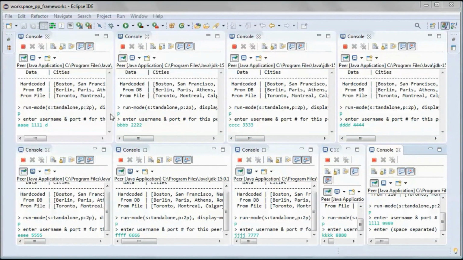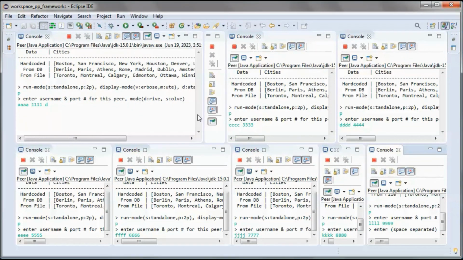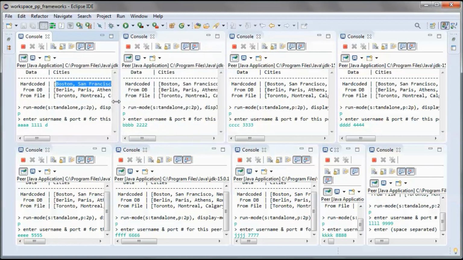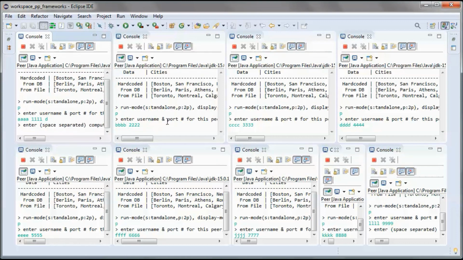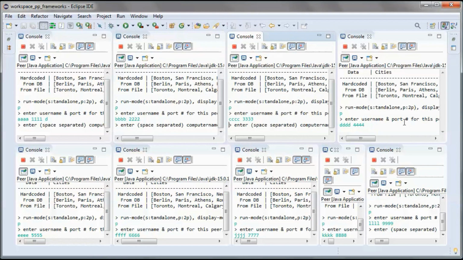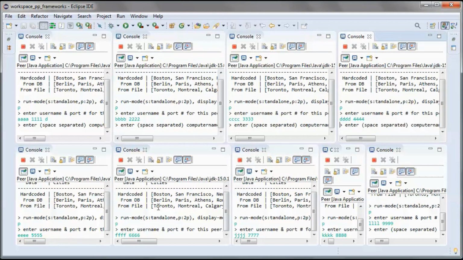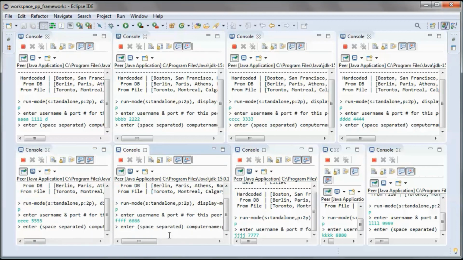Now since we have 8 cities in the hard-coded data, I went ahead and created 9 different peers. One of them will be the driver peer, this one, and the other 8 will be trying to find the shortest route, and they will be using brute force to do that.